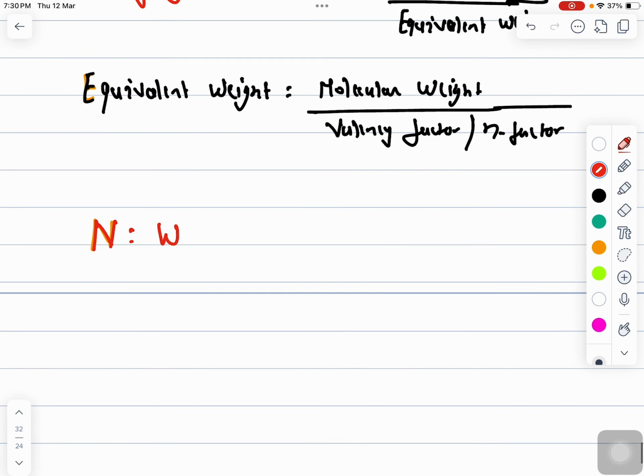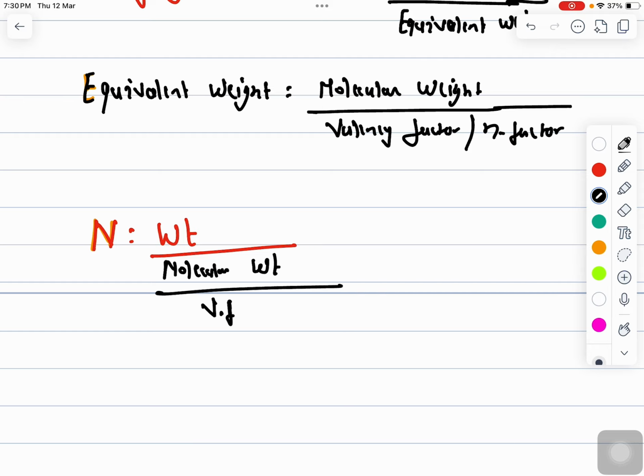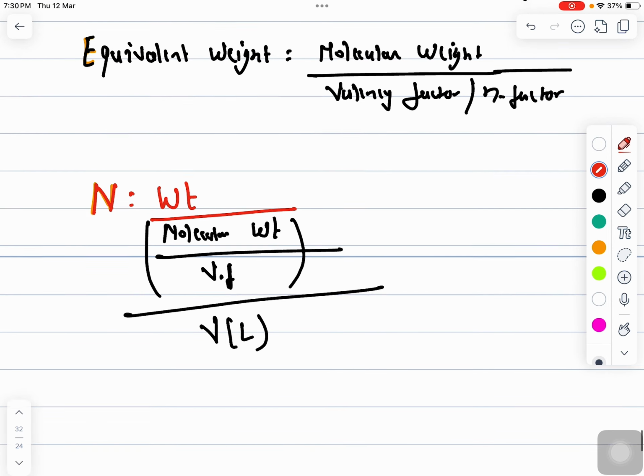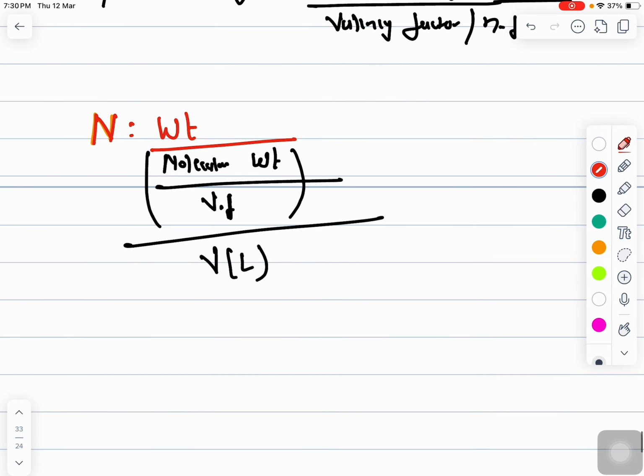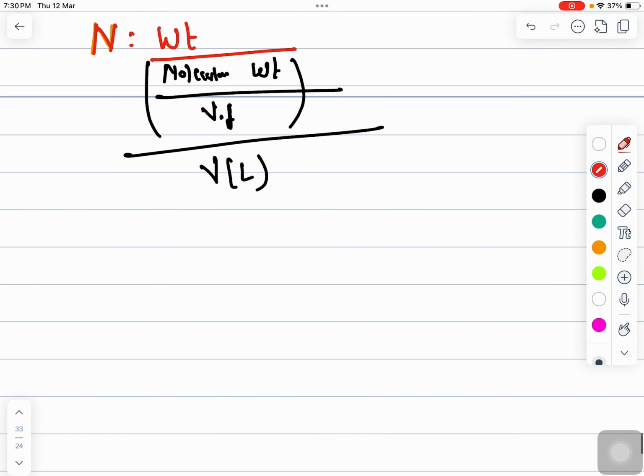So I can say that weight divided by molecular weight divided by valency factor, is that clear, and divided by volume of solution in liter.